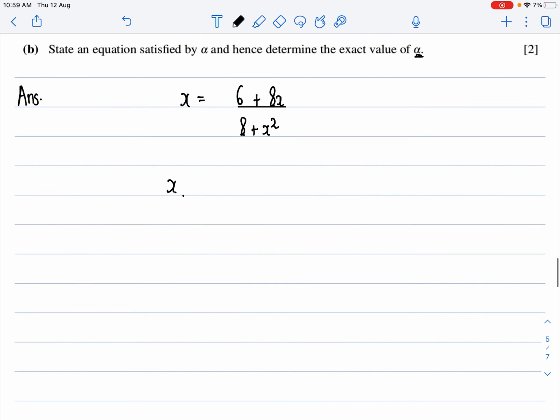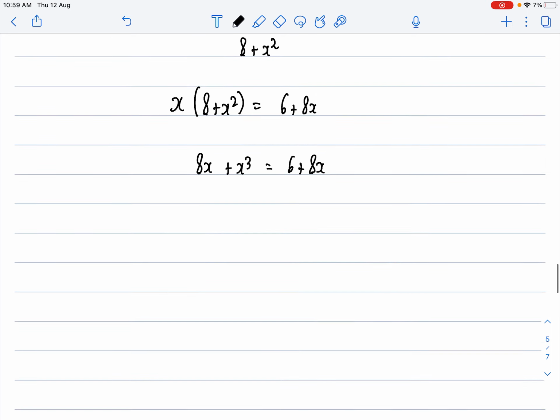So you can write this as x into 8 plus x square, which is equal to 6 plus 8x. Then you can write this as 8x plus x cube, which is equal to 6 plus 8x. As you know, 8x can be cancelled on both sides because 8x minus 8x is 0. So you get x cube equals 6, so x is the cube root of 6.